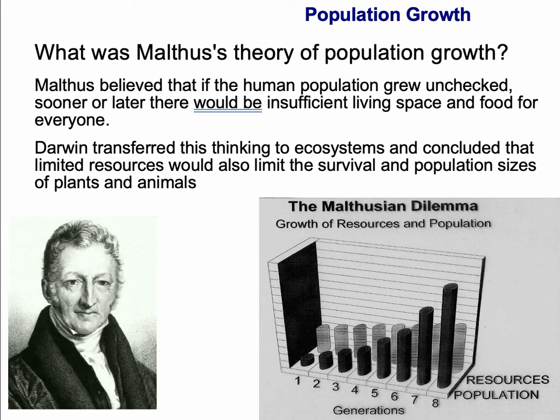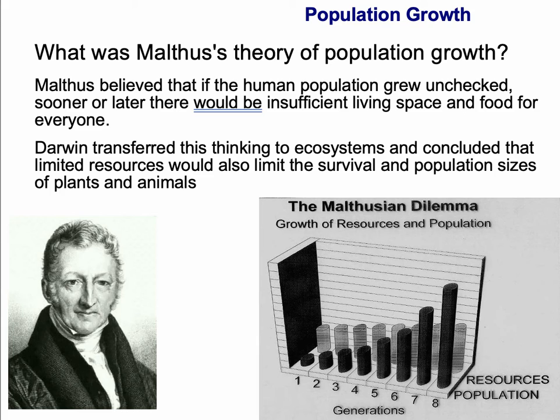And other things would happen, like a disease outbreak, a pandemic, let's say, or war, something like that, where a bunch of people would die in a short period of time. That influenced Darwin mostly for the idea that populations in nature, in ecosystems, tended to also remain relatively stable with fluctuations seasonally and cyclically.